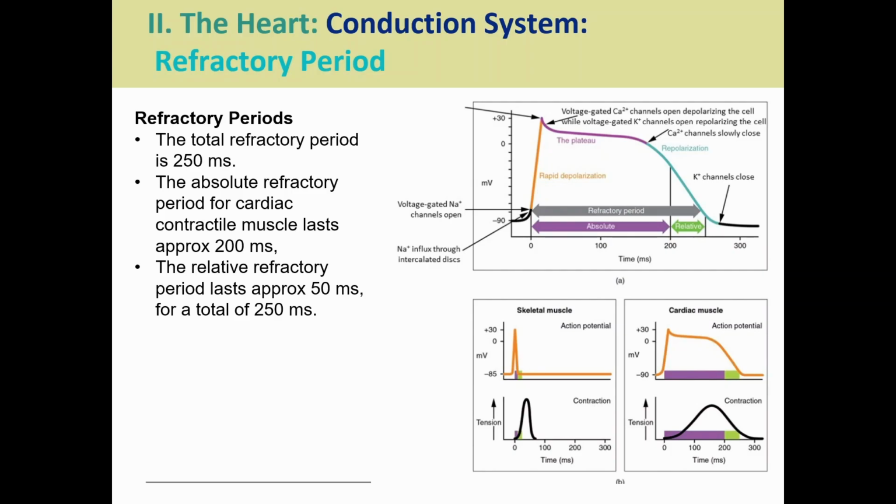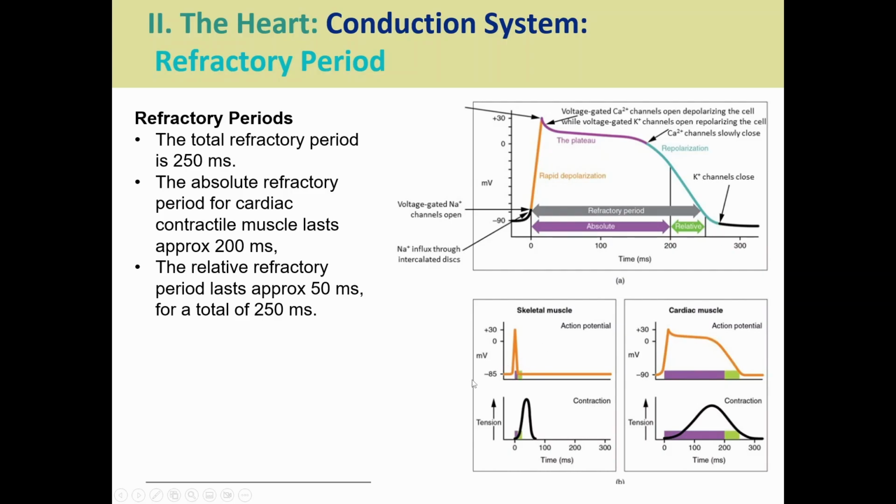If we look from depolarization to when we go back down, from when we initially depolarize to when we're back to normal, that's our refractory period. Absolute is when we still have that plateau, and relative is as we're repolarizing back. If we look at skeletal versus cardiac, we see a big difference.